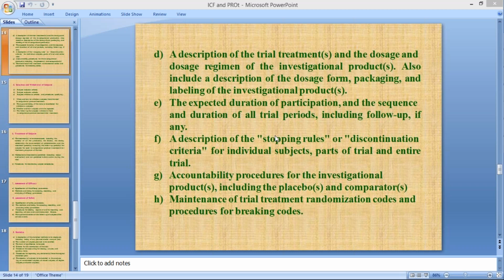These are all details that will be included. Expected duration of the participation, how many days the subject will be in the study, and a description of stopping rules in case you have any discontinuation criteria, accountability procedures, and maintenance of the trial codes, randomization codes. If you're going for randomization, each and every drug will be identified with some code. How to maintain these codes and how to break the code.